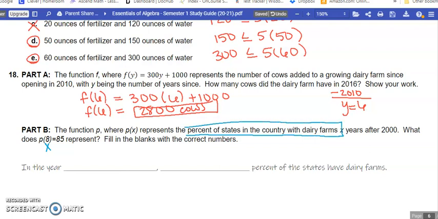That's your output. So this is X years after 2000. So 8 years after 2000. Here, this is saying in the year 2008, 85% of the states have dairy farms. So being able to interpret this equation given this information would be a big part of what they're trying to ask you to problem solve through.